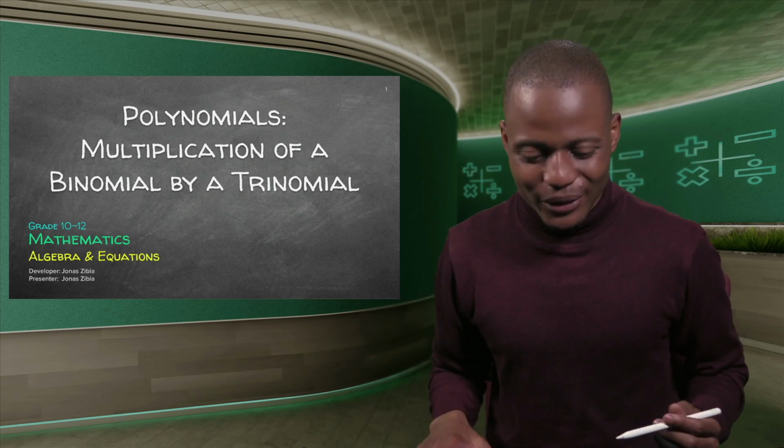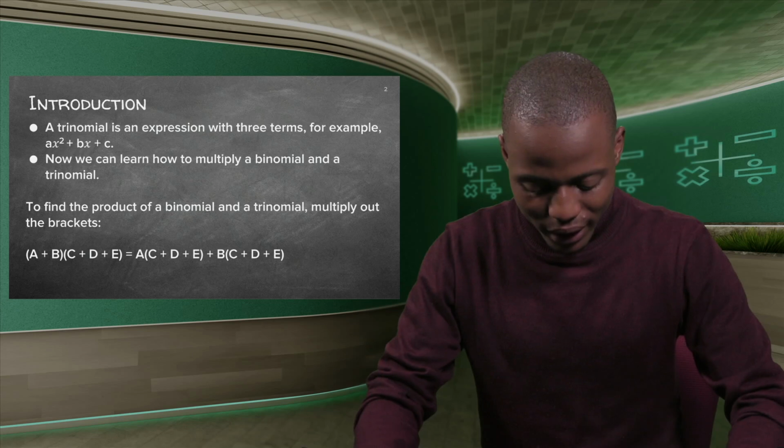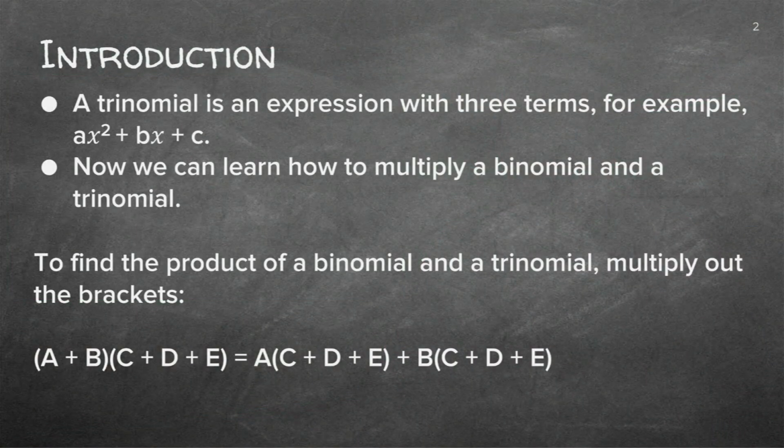All right. So the first part of our lesson today looks at breaking down what a trinomial is. As the word itself says, tri, it means you are looking for three things. So what are we looking for? Three terms. A trinomial is an expression with three terms.